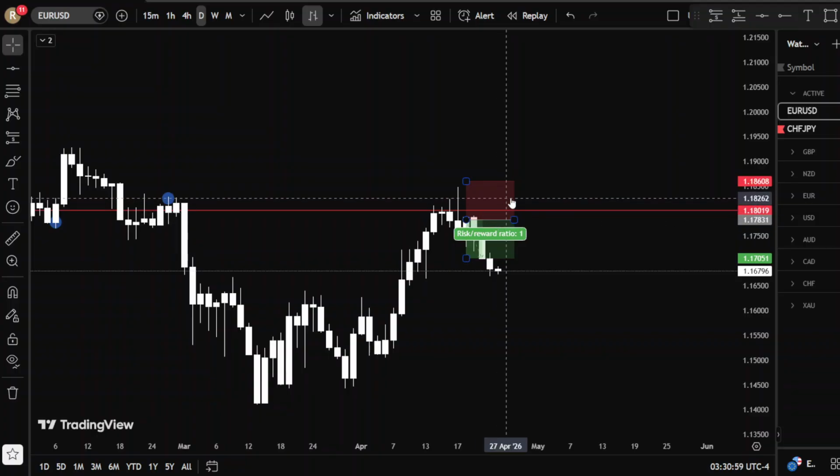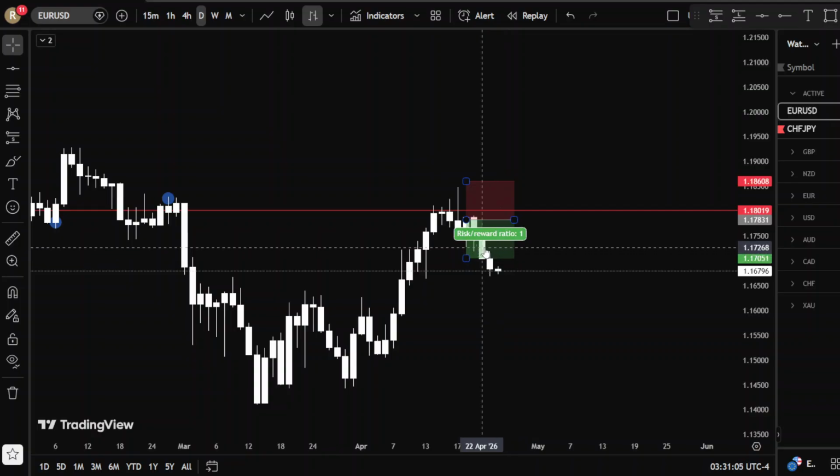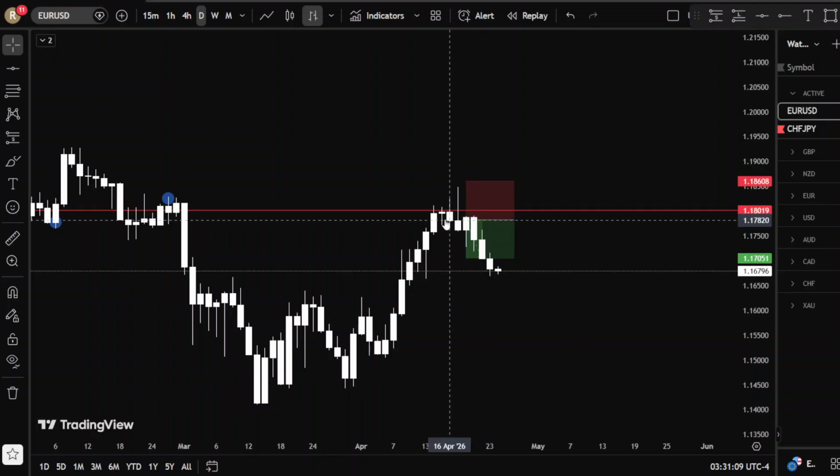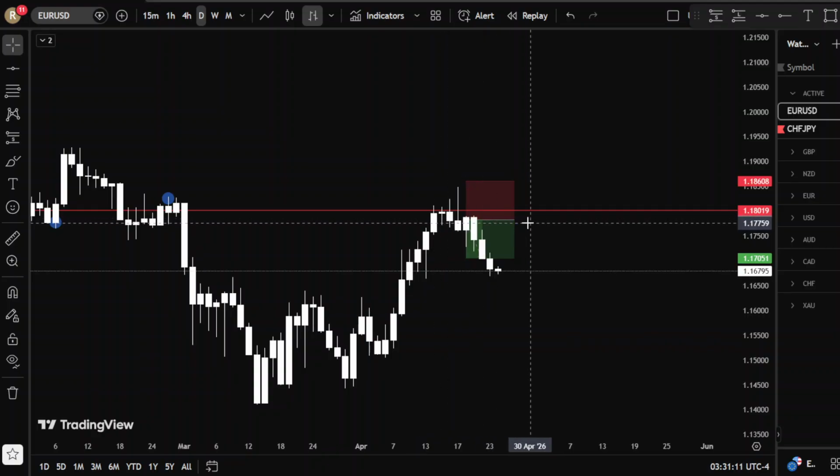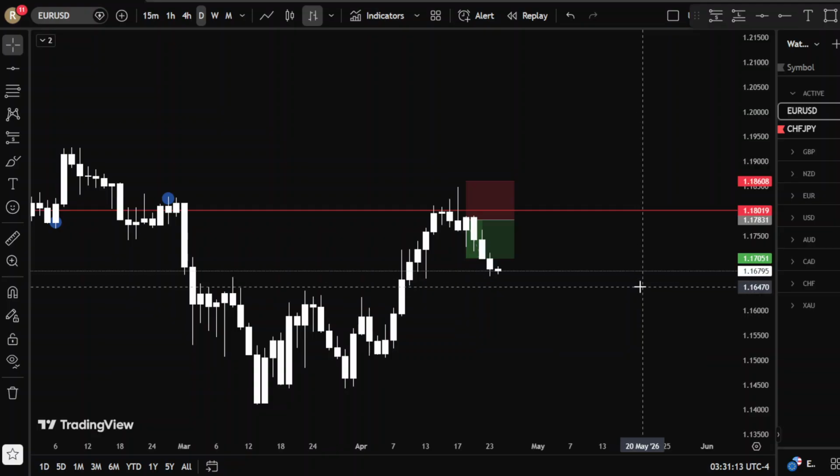Then sometimes I close it maybe 50%, or same thing if it goes almost to the profit target and it starts to come back down, maybe I will exit it at break even, for example. But I don't overthink this stuff. It's a trading strategy that actually works.